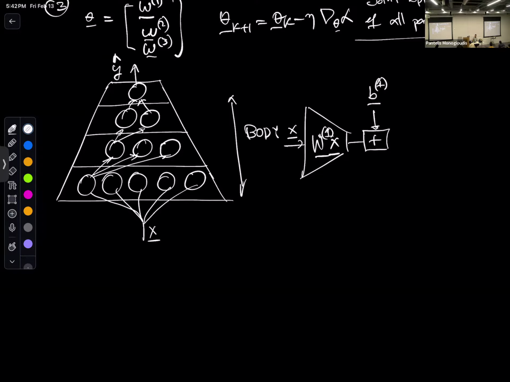Because now what comes out of this is a vector. It's added to the bias vector. And what we'll be calling Z1 is fed to a nonlinearity called ReLU to form the vector H1.